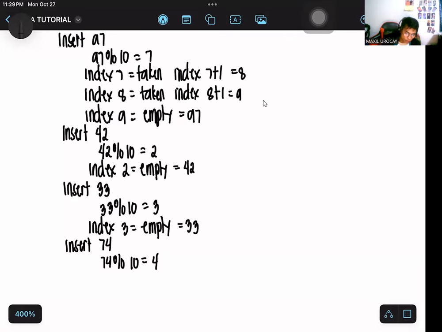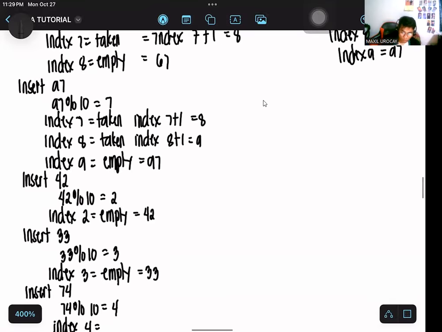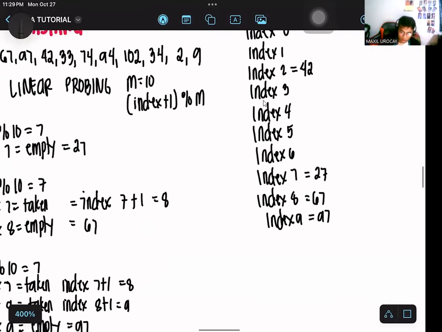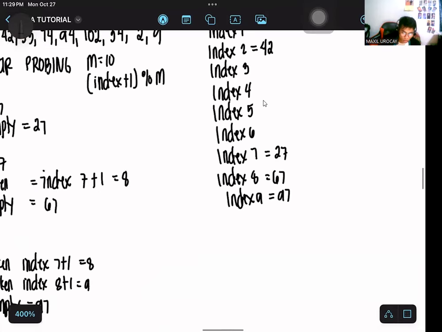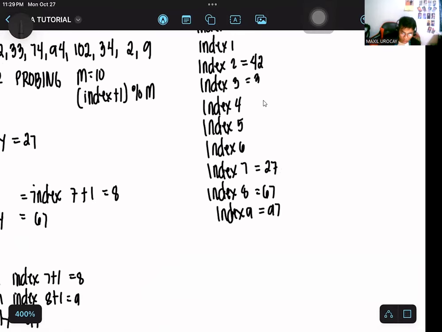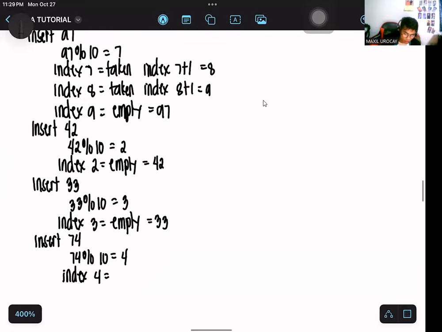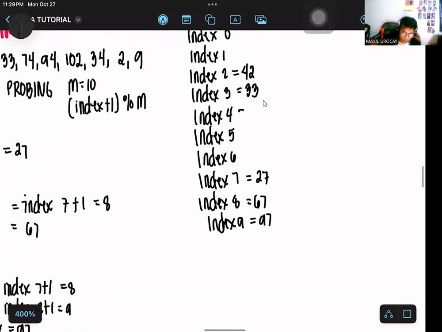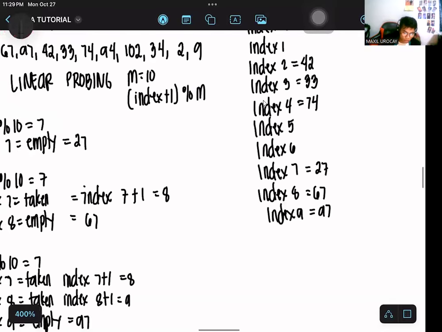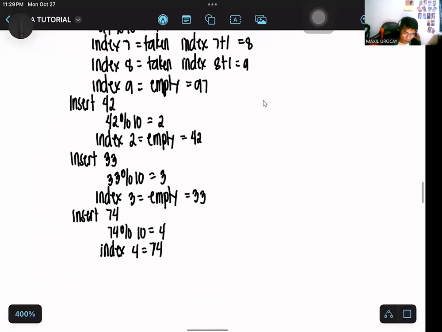So therefore, index number 4, let's see if index number 4 is allocated or not. That is empty. So 4 is empty, so it will become allocated 74. So 74 will be here. Now, we're done with 74. Let's move on with 94.